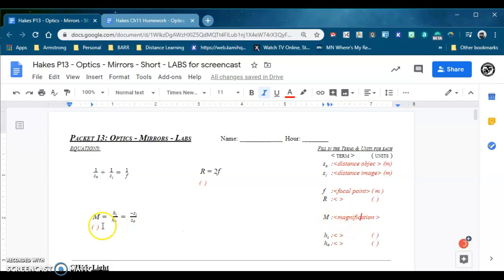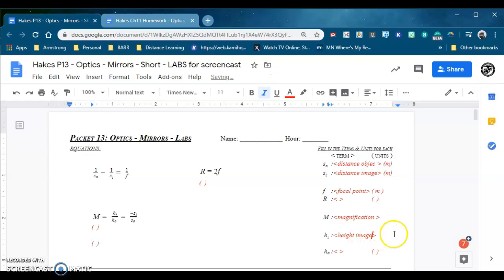Okay, so magnification, if we look here, we're dividing the height of our image, so the height of the reflection, the image that we're seeing in the mirror, which is in meters, and then we're dividing that by the height of the object.